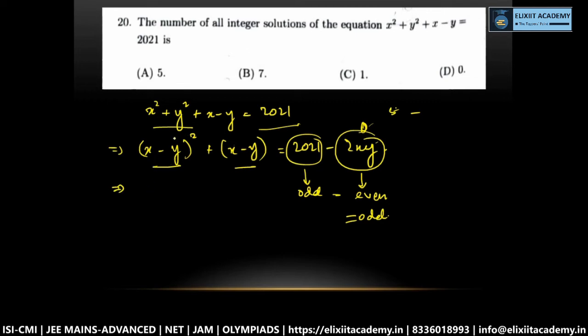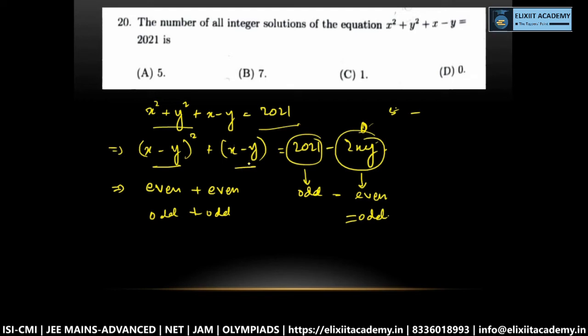This x minus y has to be even or has to be odd, right? In case this is even, we have even plus even. In case this is odd, we have odd plus odd. In case this is even, we have even square, so that's even only.